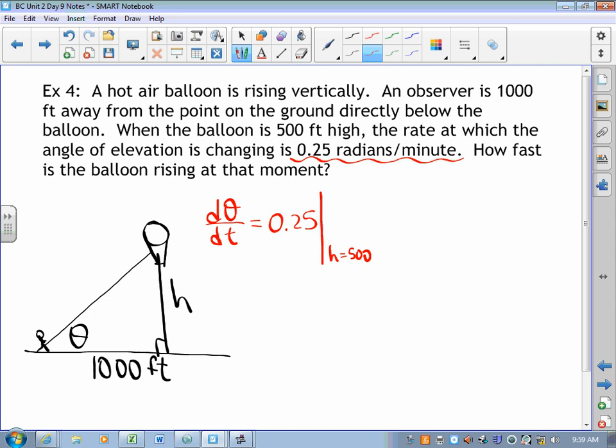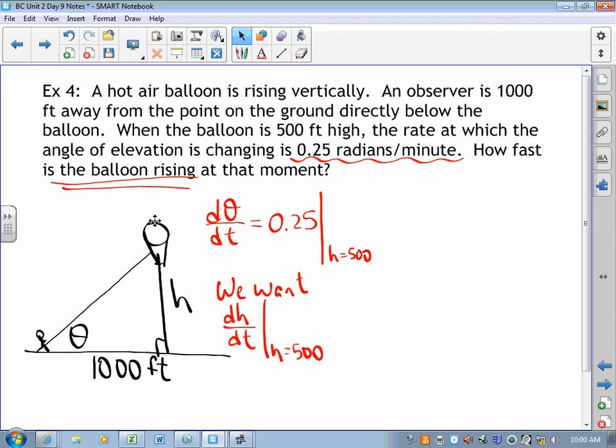I want to know how fast the height is changing at that moment. I know about theta. I want to know about h, so I need something that relates theta and h.